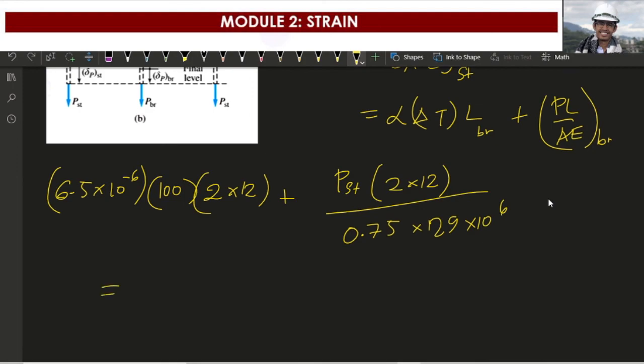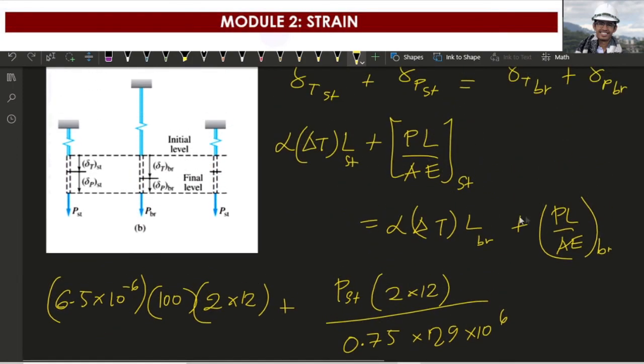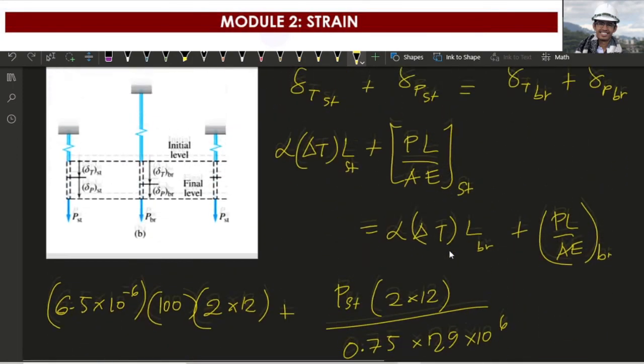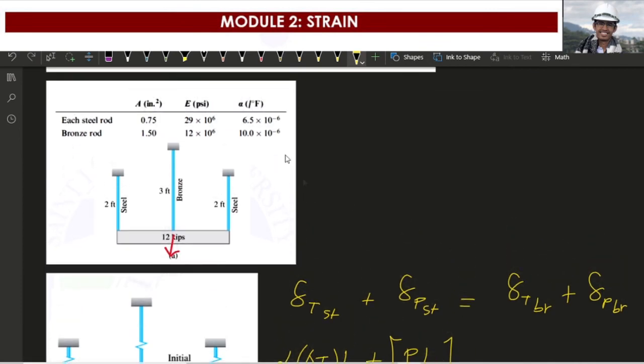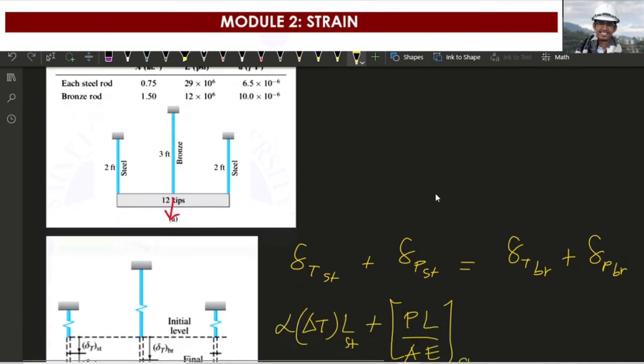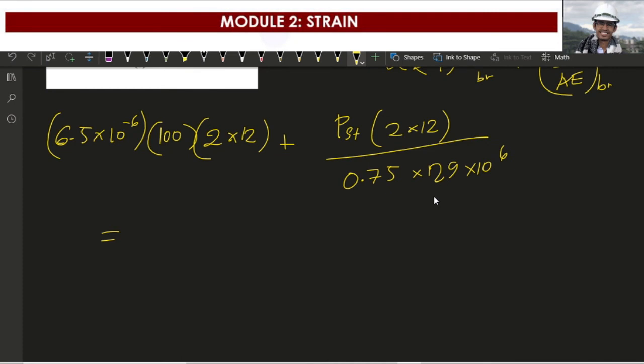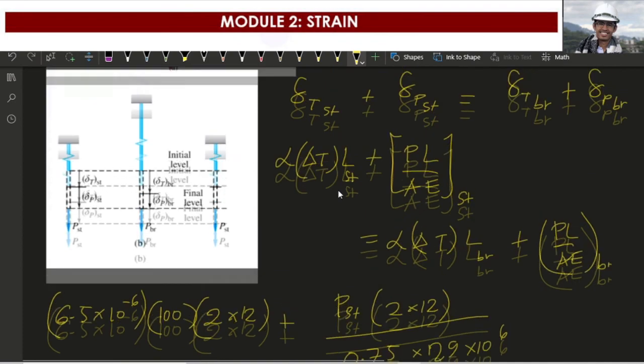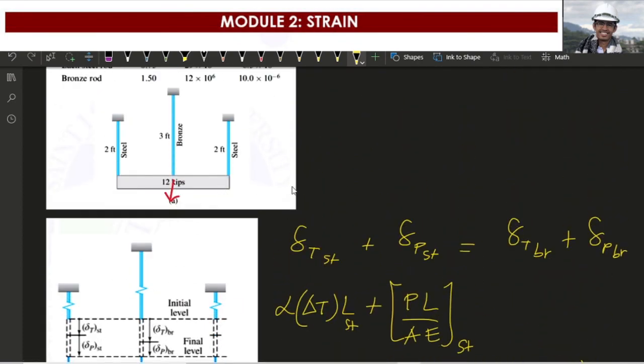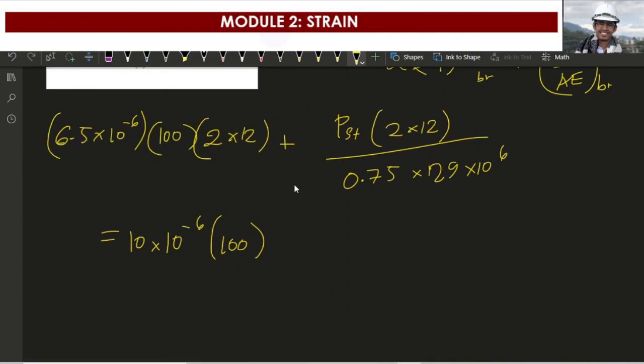So that is equal to, so for the right side, that is yung for the bronze, yung alpha niya, that is equal to 10 times 10 raised to negative 6. So 10 times 10 raised to negative 6 times yung delta T, which is 100. Yung length niya is 3 feet. So that will be, i-convert natin sa inches.